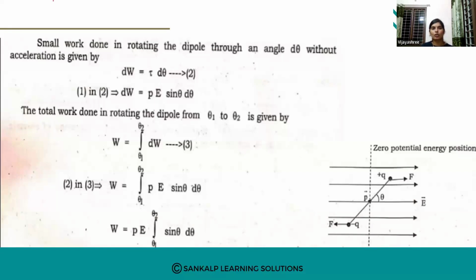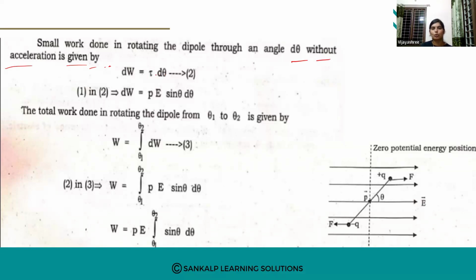Now, small amount of work done in rotating the dipole through an angle d theta without acceleration is given by, as you know, torque causes rotational motion of the dipole. So work done in rotating the dipole through a very small angle d theta is dW equal to tau into d theta.